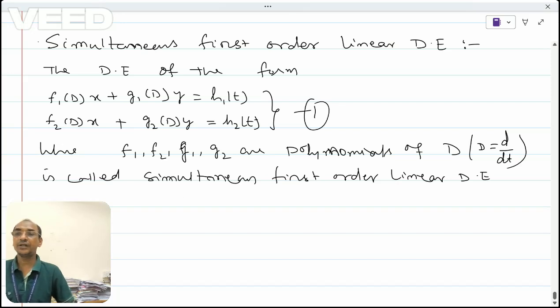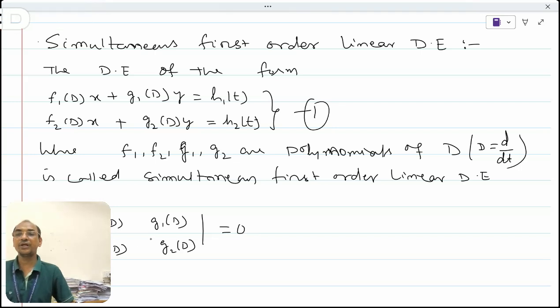Here you remember that if the determinant of f1 d, g1 d, f2 d, g2 d is 0, then we can say the two equations are dependent, or the system is dependent. If it is non-zero, then only we can find the values of the unknowns x and y.